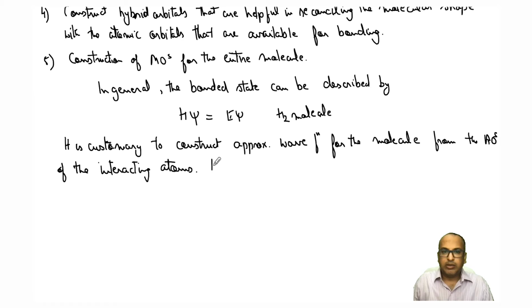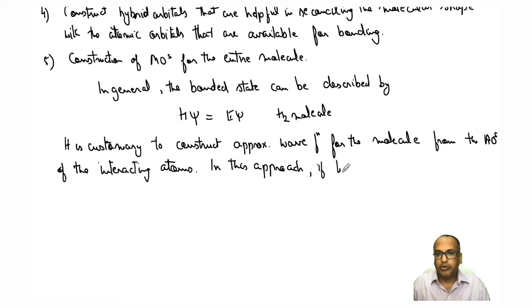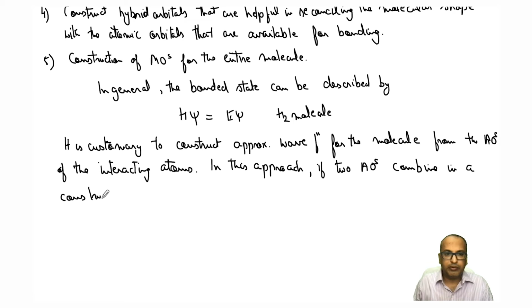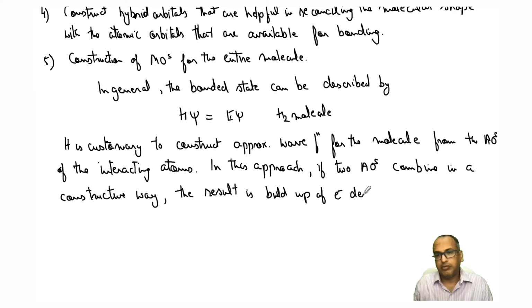What happens in this approach? If two atomic orbitals combine in a constructive way, the result is a buildup of electron density. Atomic orbitals are described by wave functions, which have positive and negative phases.